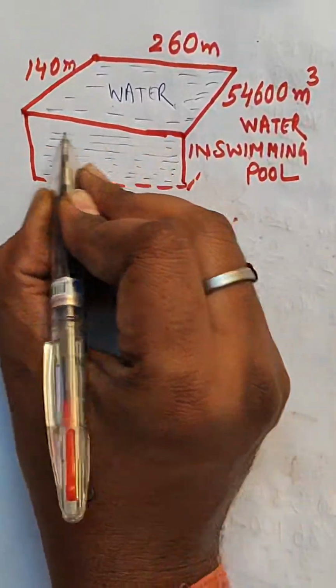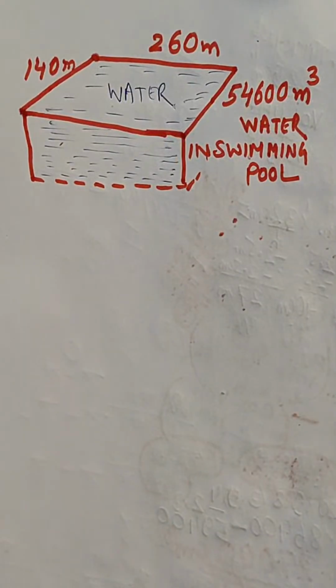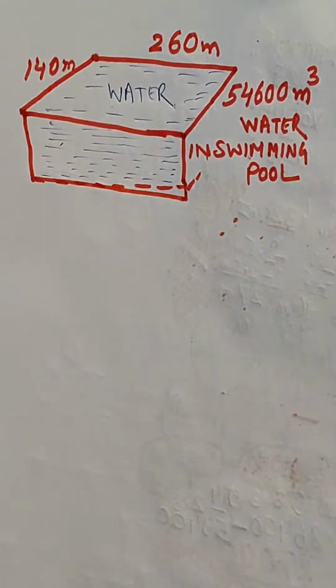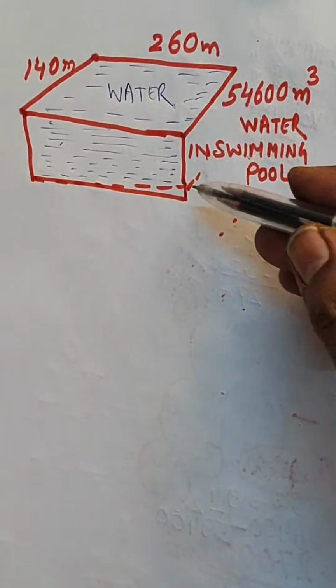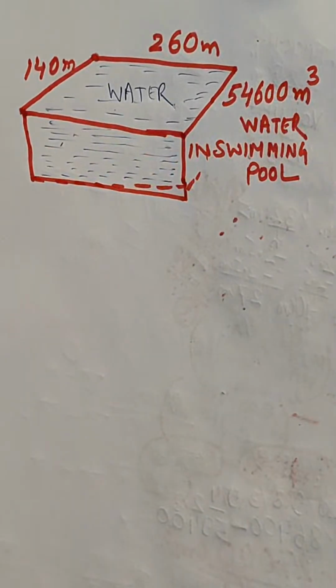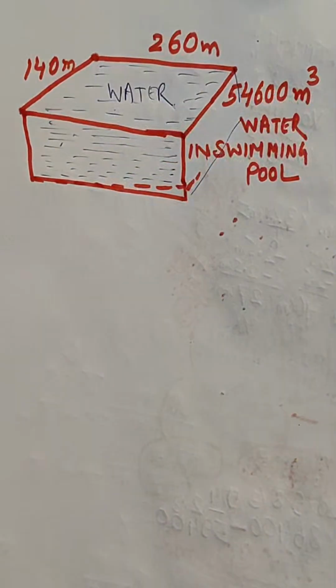Let us say if the pool is made of glass, then you would be able to see exactly the content of the water inside this pool, right? So this also resembles the shape of a cuboid, isn't it?